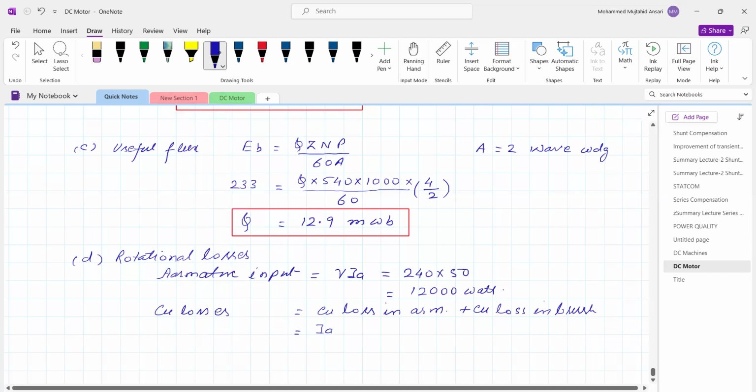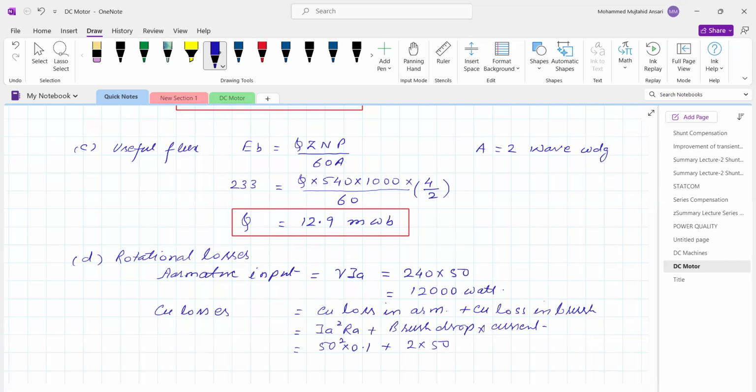So IA square RA plus brush drop into the armature current flowing through the brushes. So it is 50 square into 0.1 plus 2 into 50. So total copper losses equal 250 plus 100, so 350 watt.